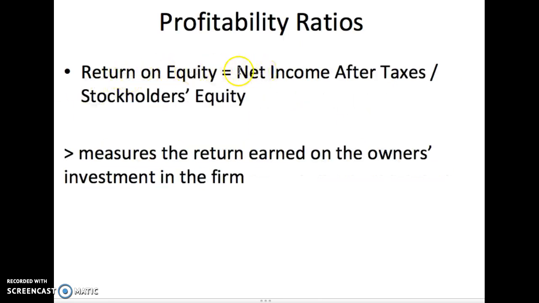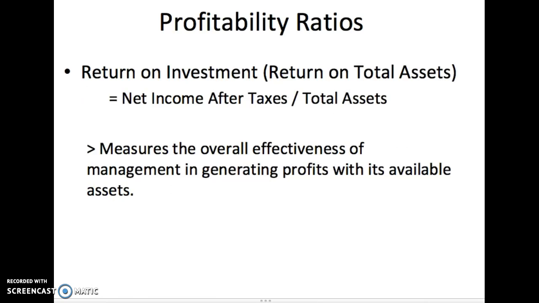Return on equity can be computed by dividing net income after taxes, or this is the very final value in your income statement, divided by stockholders' equity, or equity. And then if you want to convert into a percentage, multiply this by 100. So this measures the return earned on the owner's investment in the firm. So just a quick tip here.